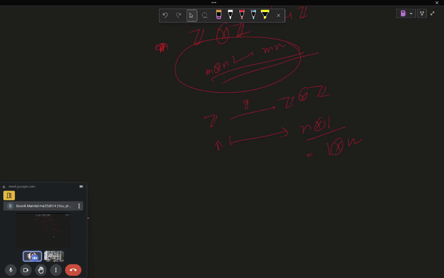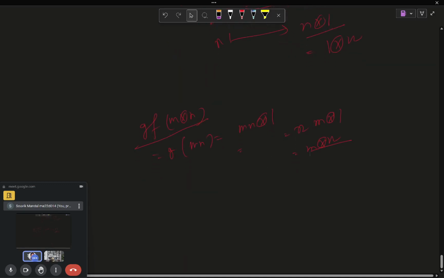Now you need to check that these are inverses of each other. So g f of (m tensor n), by definition, is g of mn, which by definition is mn tensor 1. This is equal to m tensor n. So g f of (m tensor n) equals m tensor n.